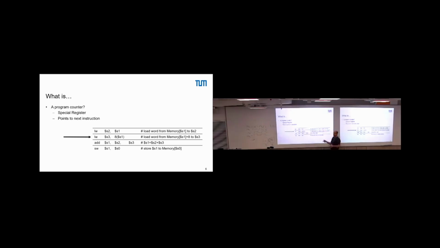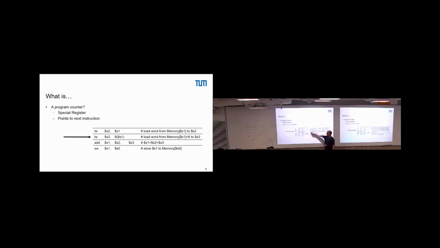So S1 is an address register where we say, from that address in the memory, we want to read. So this says we want to read from memory address S1, and the result that comes back is written into our processor register S2. Now it's available for processing.